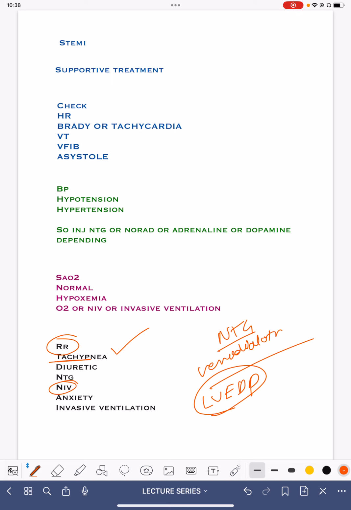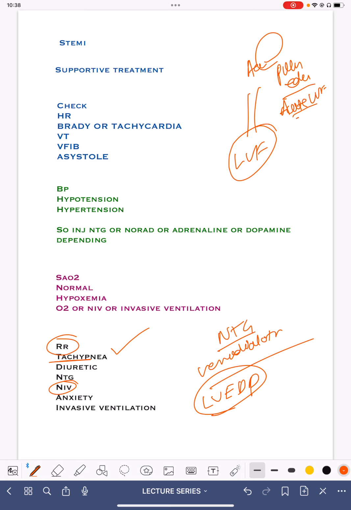NIV, as I told earlier, because of the left ventricular failure, because of the MI, there is significant accumulation of water or fluid in the lungs, which may manifest as pulmonary edema or acute LVF. In that scenario, there is increased respiratory effort, or increased work of breathing, as we call it.